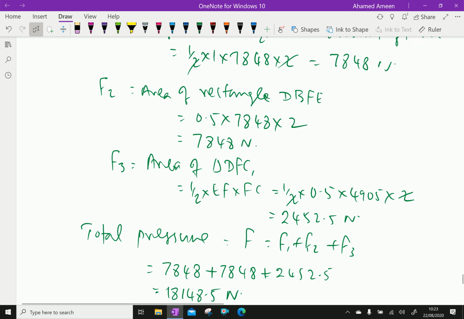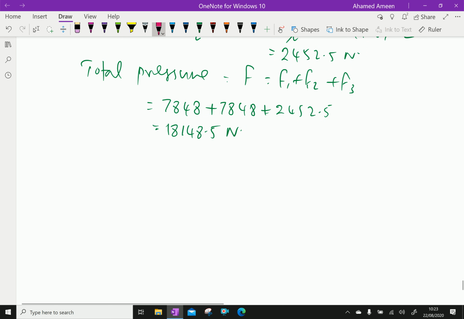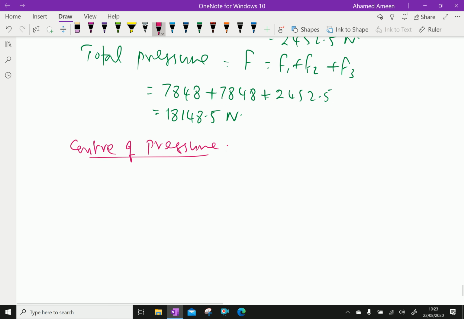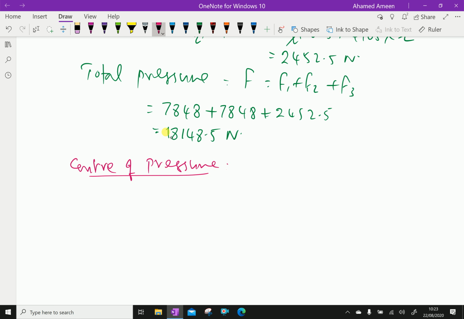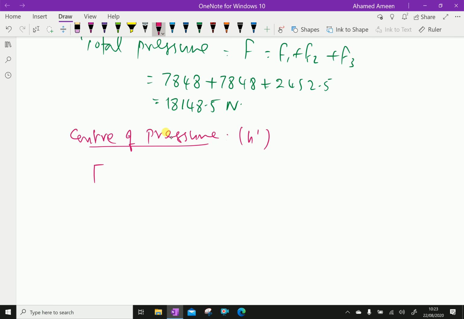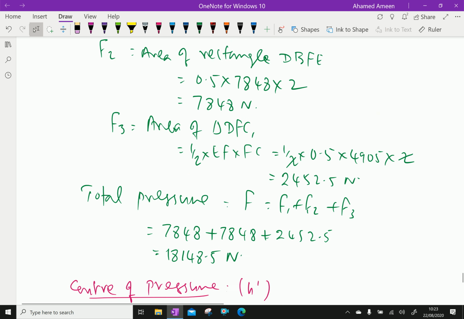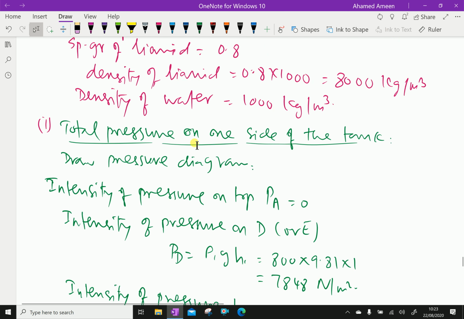Now after that we have to calculate the center of pressure. We calculate it by taking moments about the top: total resultant force F into h bar equals F1 into the position of its CG.